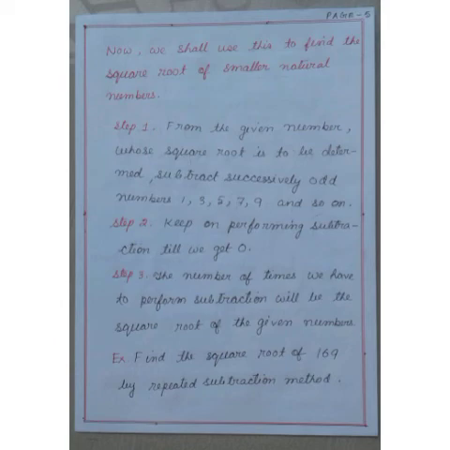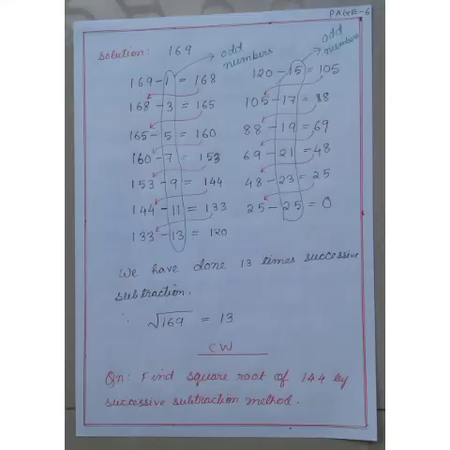So the question is, find the square root of 169 by the repeated subtraction method. What we have to do? The first odd number is 1. So we subtract 1 from 169. We have got 168. From 168 we shall subtract the second odd number, 3. We get 165.